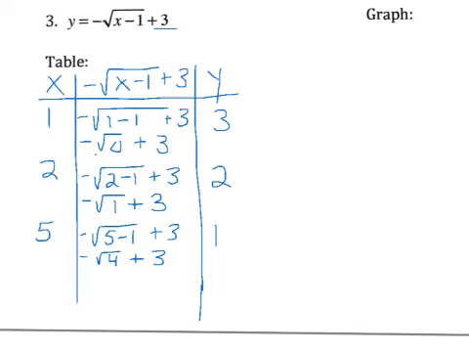The final number I'm going to plug in to get a 9 is a 10. So the square root of 9 is 3 times a negative. Negative 3 plus 3 is 0. So now let's scroll over and make our graph.